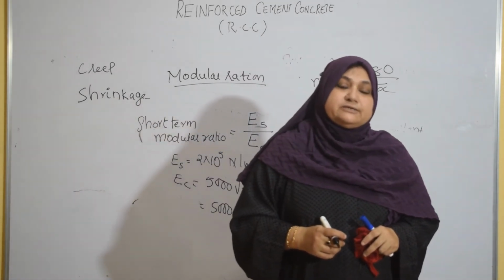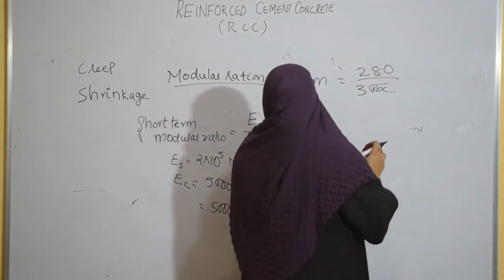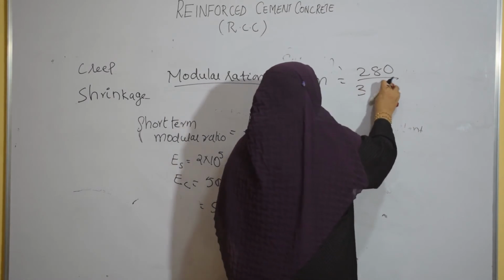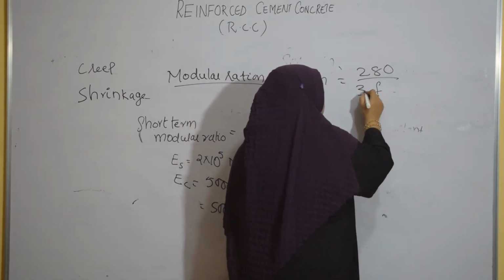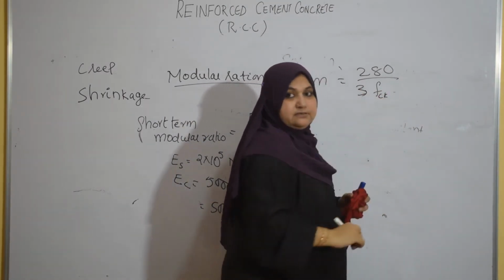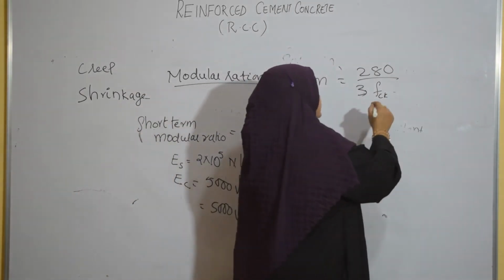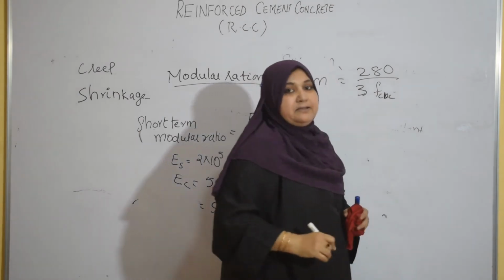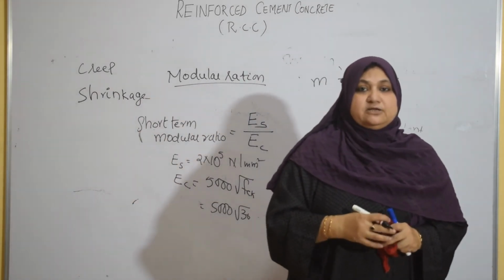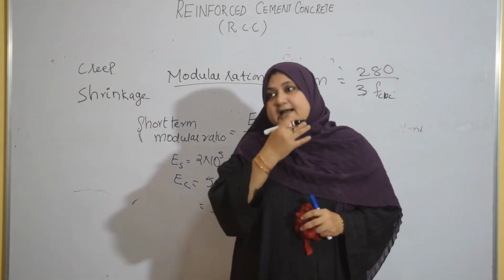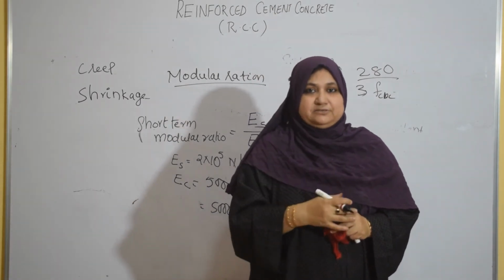So for this long-term ratio, you can write it like this also, it's the same. It is sigma cbc. Instead of ck, it's cbc, compressive strength in bending, because there are two compressive strengths: one is compressive strength in bending and the other is compressive strength in compression, right?